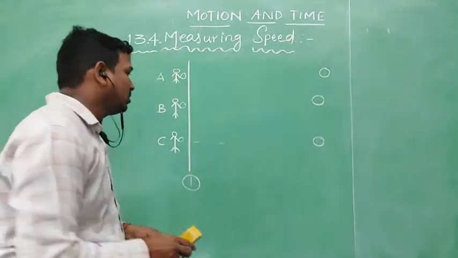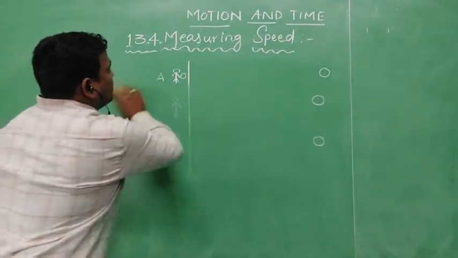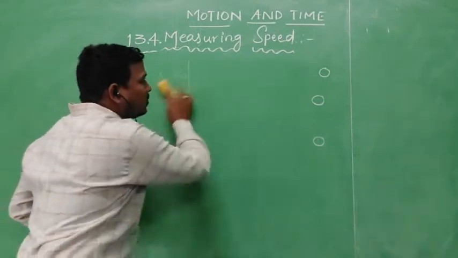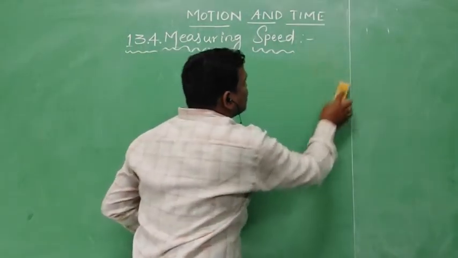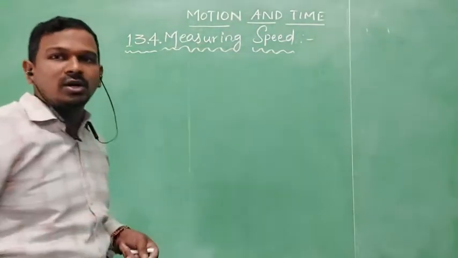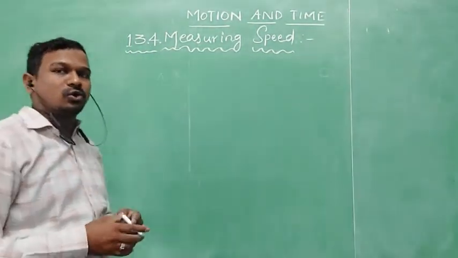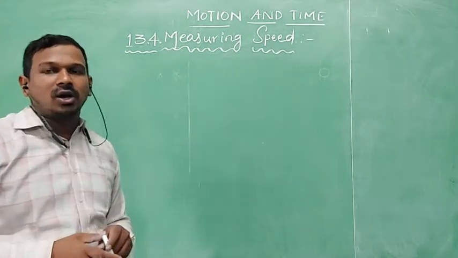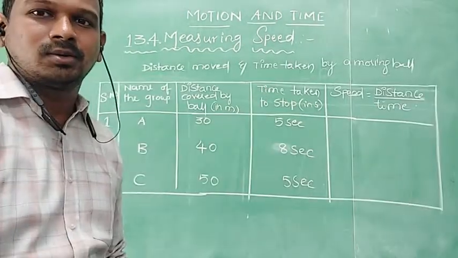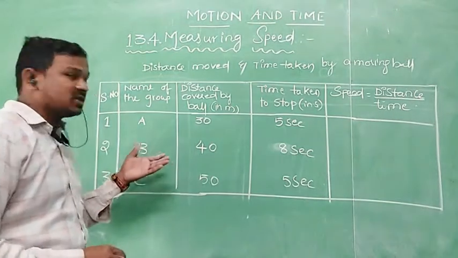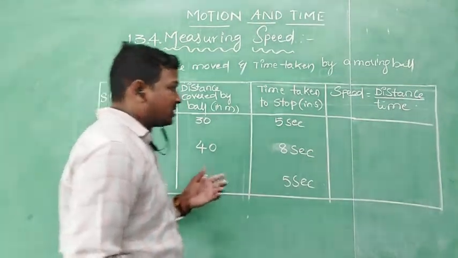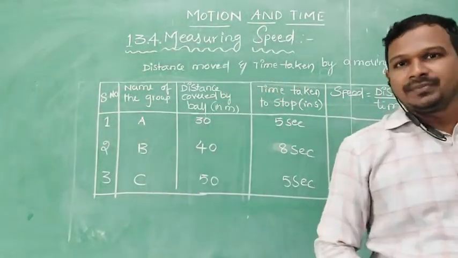In that table, the details of the group, the distance covered by the ball based upon the groups, and the time taken by the ball to stop, all the terms will be there. This is a table which represents the activity.